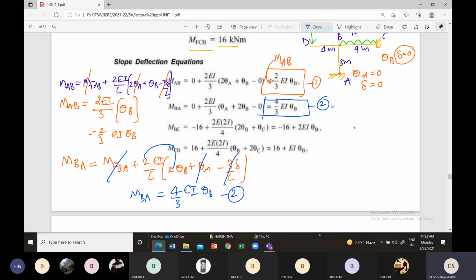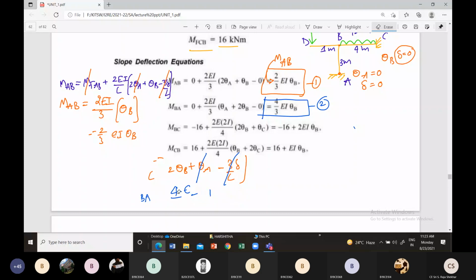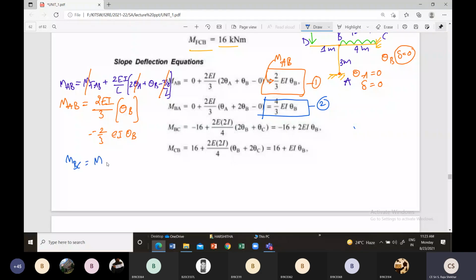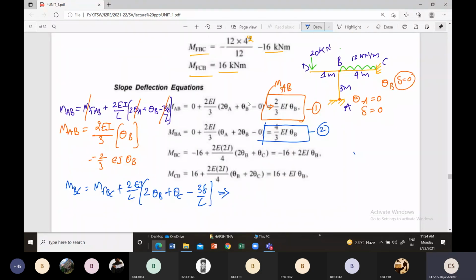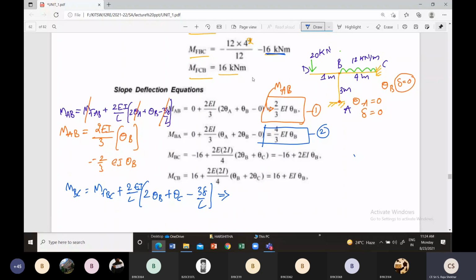Now just write the slope deflection equation for BC member, that is MBC will be equal to MFBC plus 2 EI by L into 2 theta B plus theta C minus 3 delta by L. So substitute MFBC is equal to minus 16.